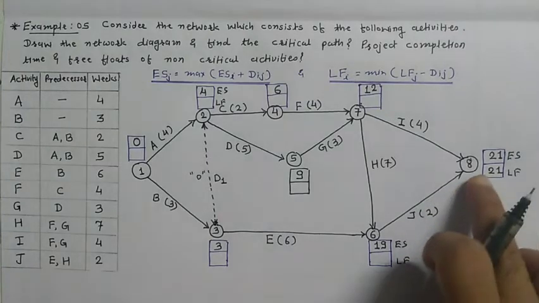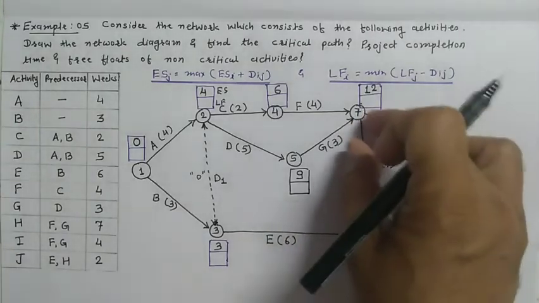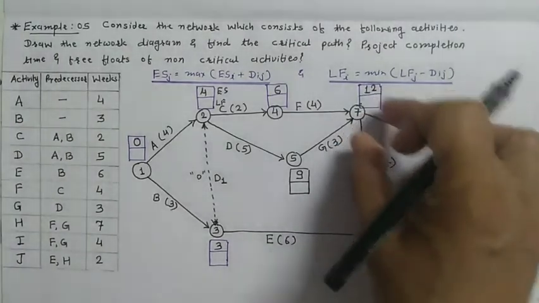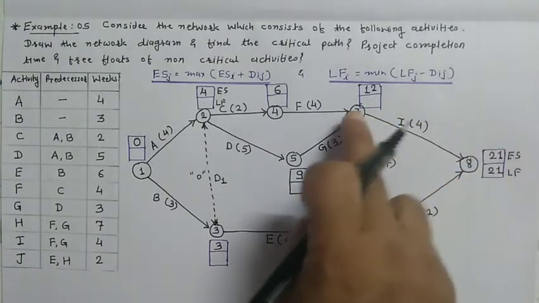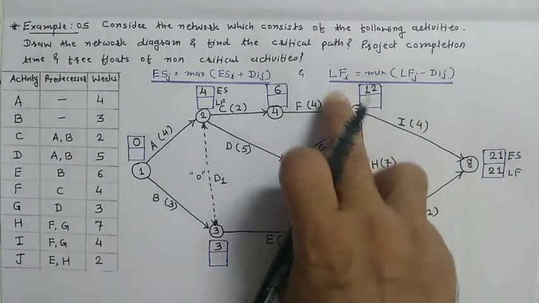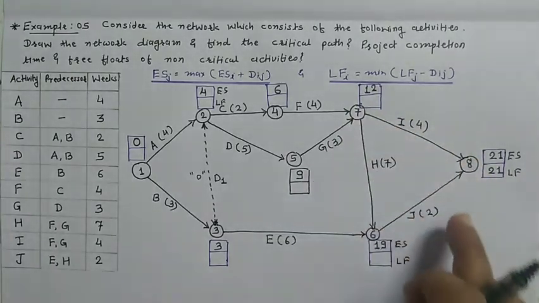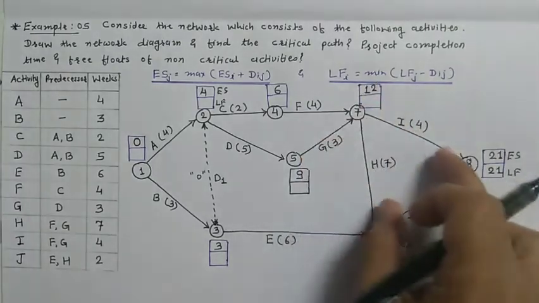So here for event number 7, two possibilities are there, so take the minimum. Two activities are going out, so there are two possibilities for latest finish time: the first from here and the second from here. Take the minimum of both.